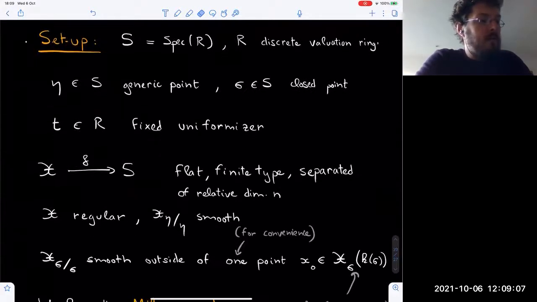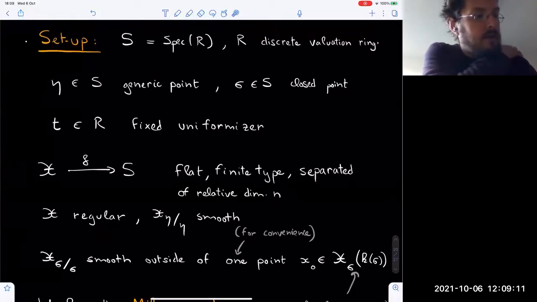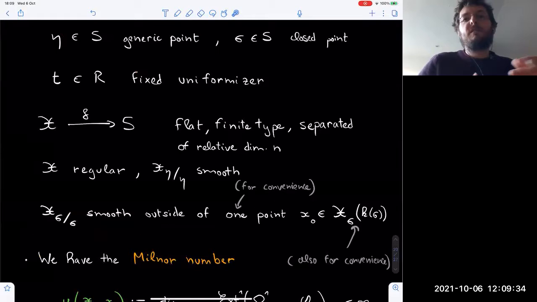So here's the setup. You have, over a discrete valuation ring with generic point eta and closed point sigma, and you fix a uniformizer. This will come up later. And so you have your family, which is a flat separated finite type morphism of some relative dimension n, and you want the situation to be minimally singular.